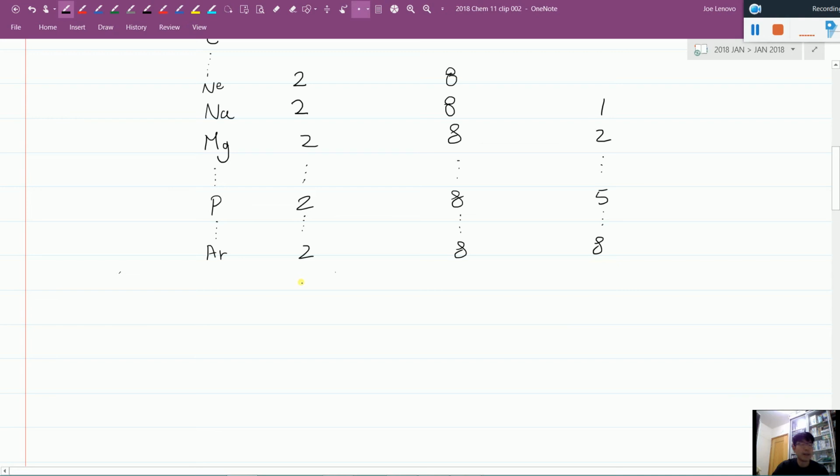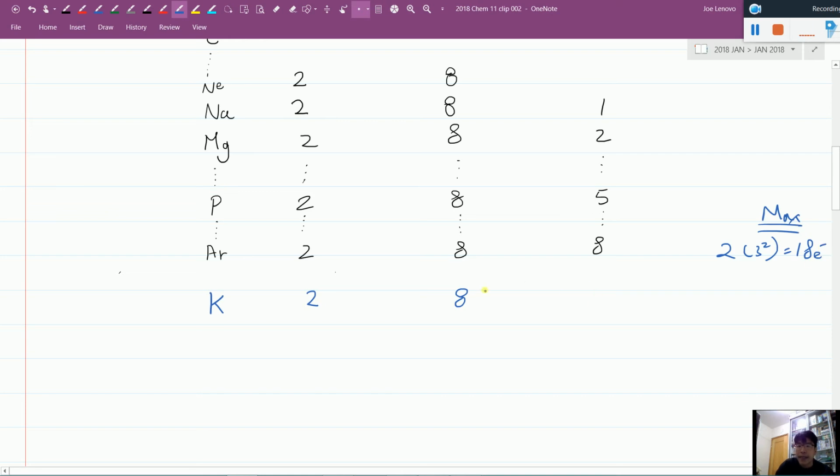How about 19? At 19, you will see some exceptions. Let's use different colors to look at that. For calcium, you would expect that because the third shell can hold up to 2 times 3 squared, which is 18. The maximum number for n equals 3 is 18 electrons.